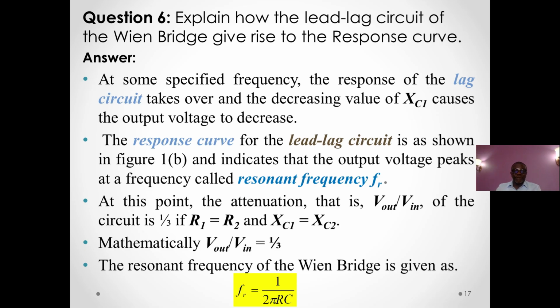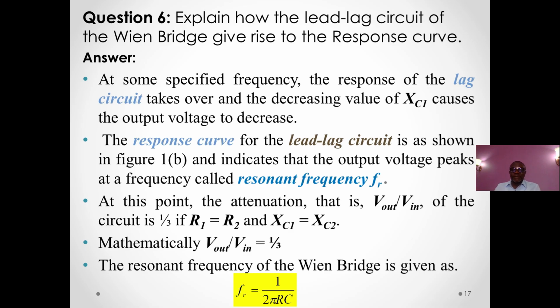See, the attenuation is the ratio of the output to the input. By this mathematics, it means that if you input 3 volts, what comes out is 1 volt. So the ratio Vout over Vin is equal to 1/3.